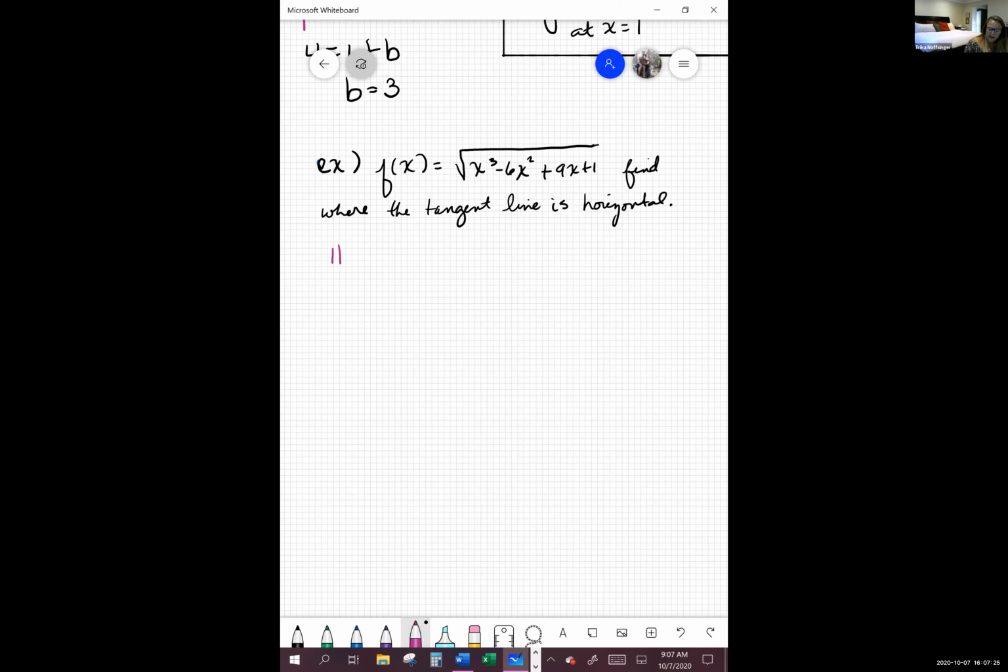Okay, so horizontal lines have a slope of 0. So we want to find all values of x such that our derivative is equal to 0.